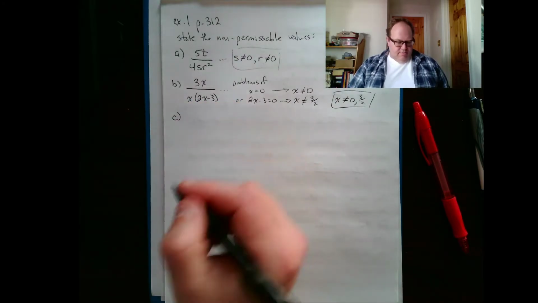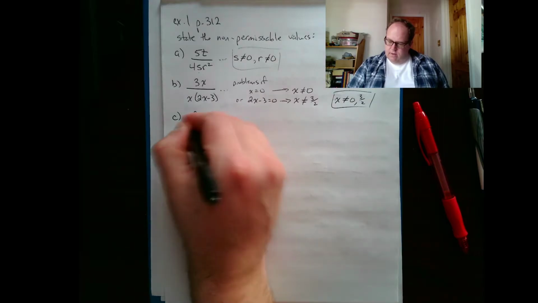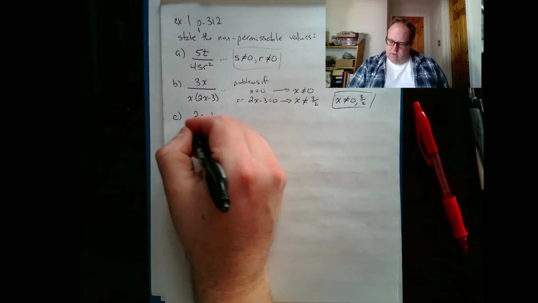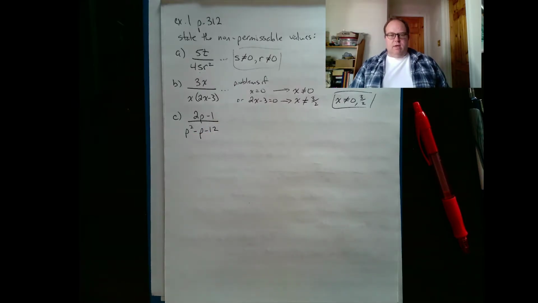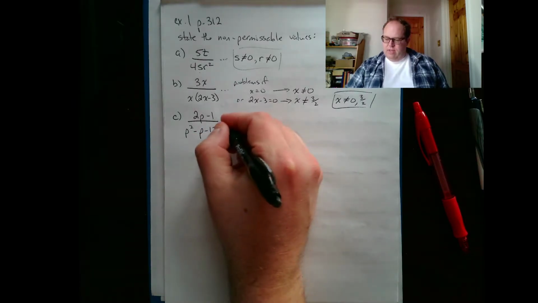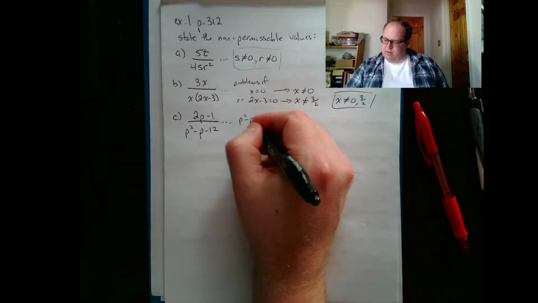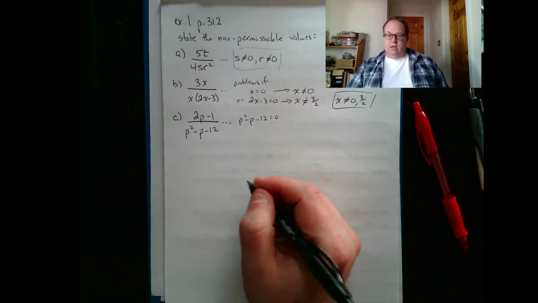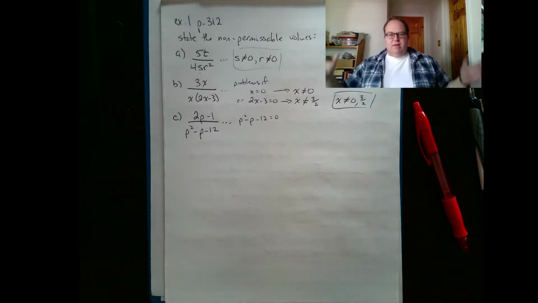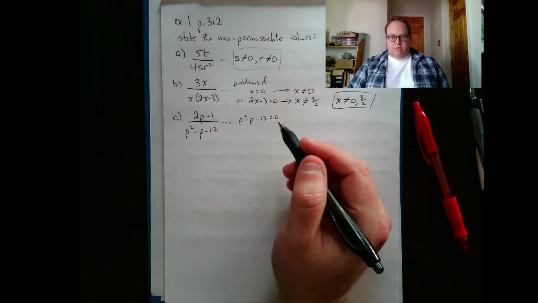And lastly, in this example, we have this statement. If I'm looking for non-permissible values, that means I am concerned about p squared minus p minus 12 equaling 0. Hey, it's a quadratic. Who knew? So we've got two different ways we can solve the quadratic.